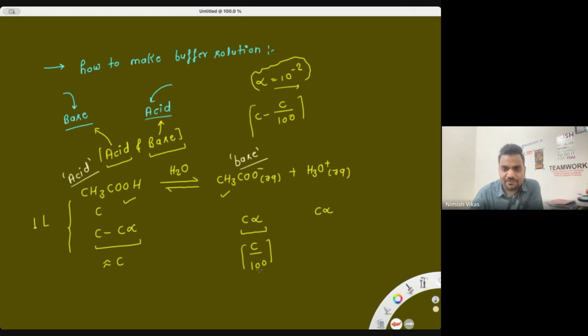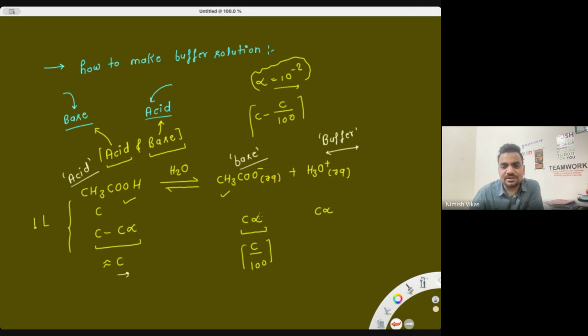But the problem over here will be our base is very less, and acid we have in a significant amount. We got almost C mole per liter, as acid does not get dissociated, but base is very less. So if I call this mixture a buffer, we can call it, because acid and base both are there, they will try to protect this solution against outside acid or base added.